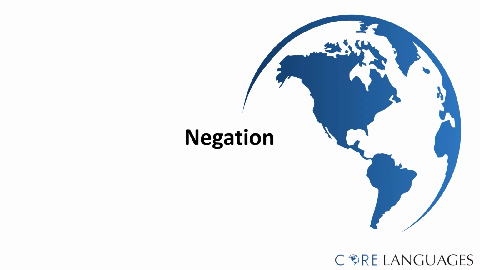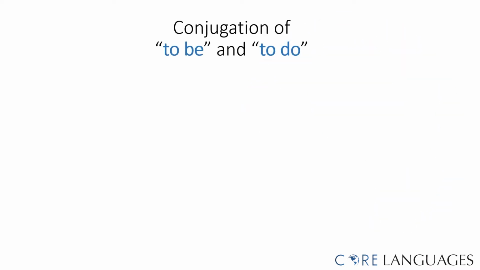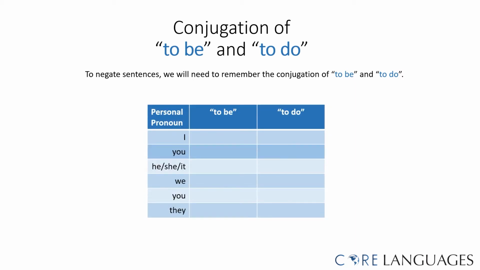Negation. To negate sentences, we will first need to remember the conjugation of the verb to be and to do. Feel free to repeat after me. I am. You are. He, she, it is.